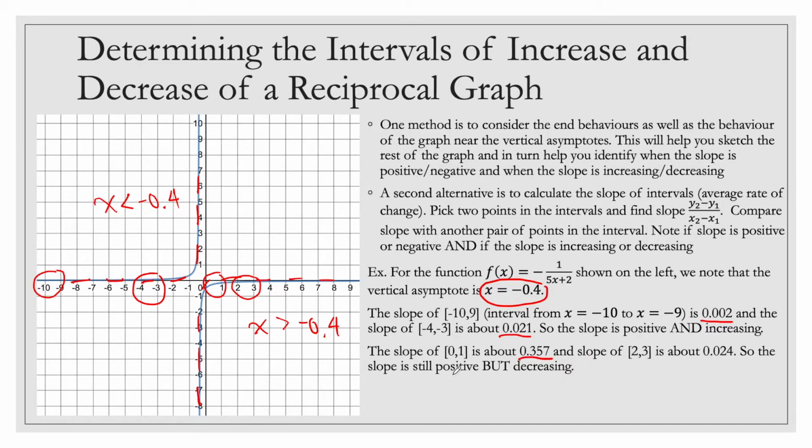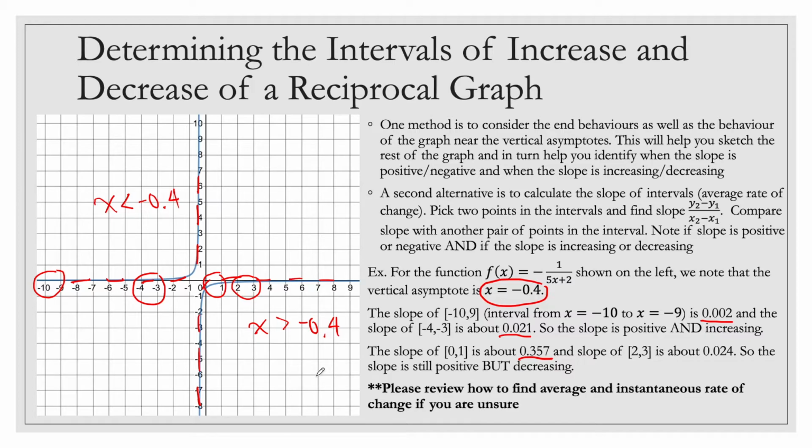This slope is obviously still positive, but it is decreasing. So in this interval, the slope is positive, but it is a decreasing positive slope. And just a reminder, I know I didn't show the work here, but you really should go over how to find average and instantaneous rate of change if you do not remember that, because it will be used in other parts of the course.